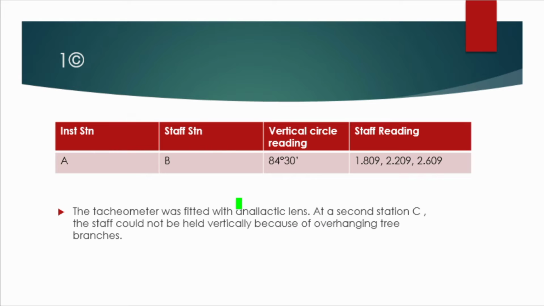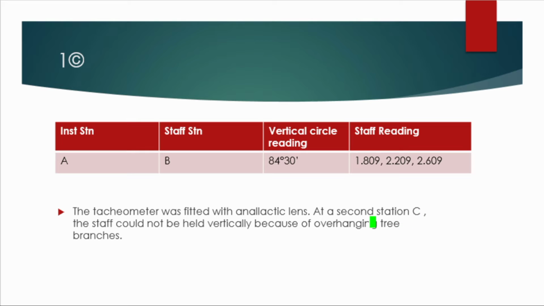If you are told anything is fitted with an analytic lens, that means it observes our formula where we have the constants K and C, with K representing 100 and C representing 0. So we must use that formula because this is a tacheometer fitted with an analytic lens.